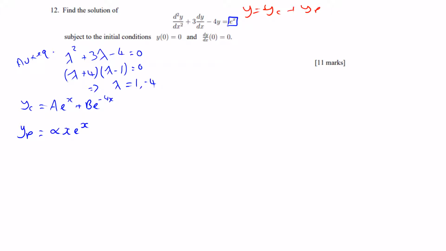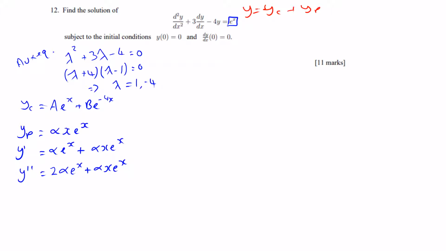Let's differentiate it using the product rule. The first derivative gives us alpha e to the x plus alpha x e to the x, and the second derivative will give us 2 alpha e to the x plus alpha x e to the x.